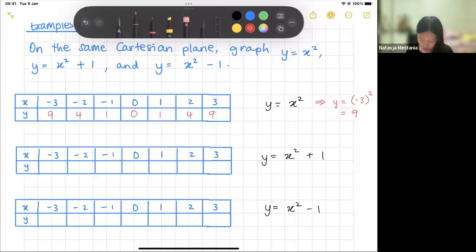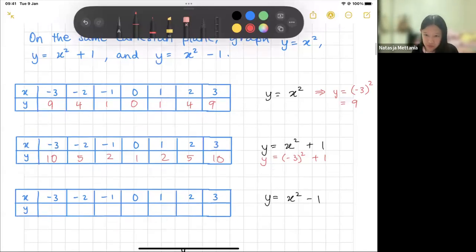For this one right here, you put it into your equation the same way: -3 in brackets squared, plus 1. Looking at my first table, I'll just add 1 to it, which equals 10. 5 for this one, 2, 1, 2, 5, and 10.